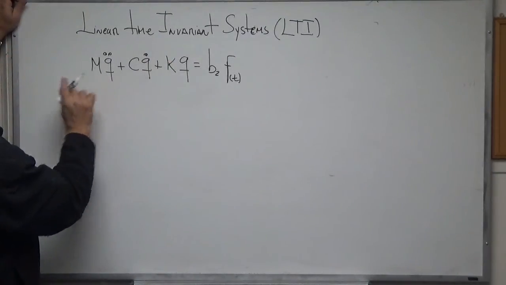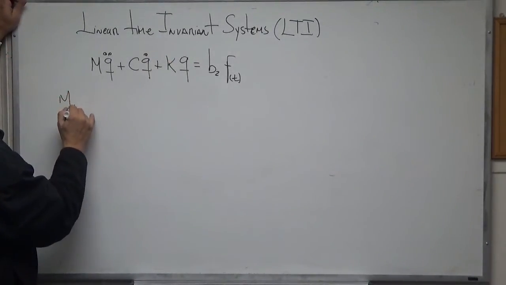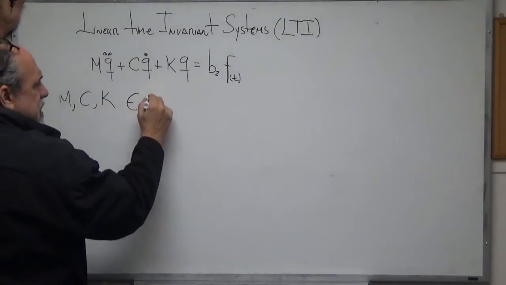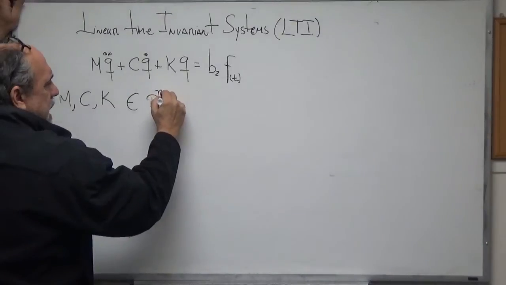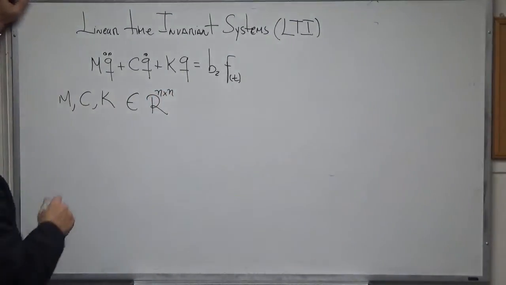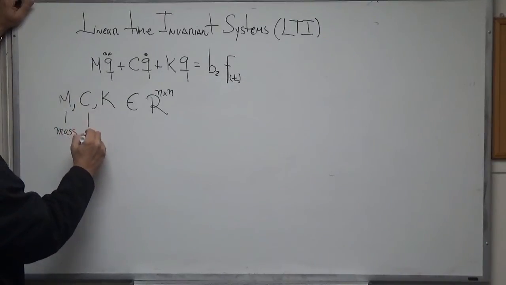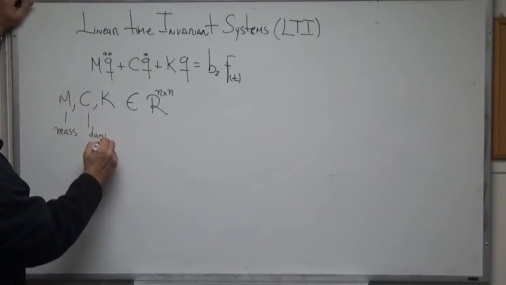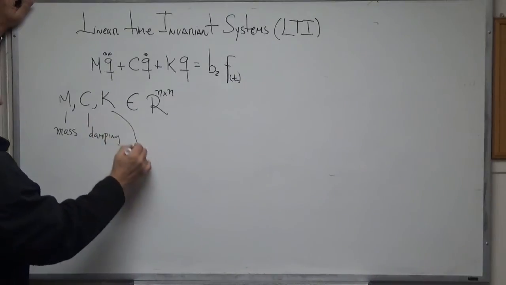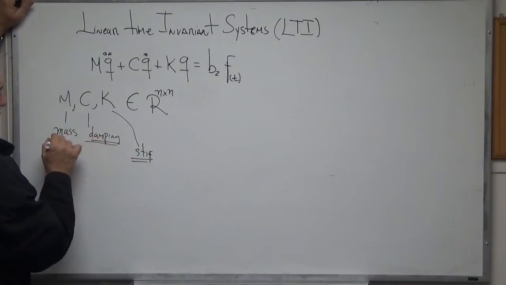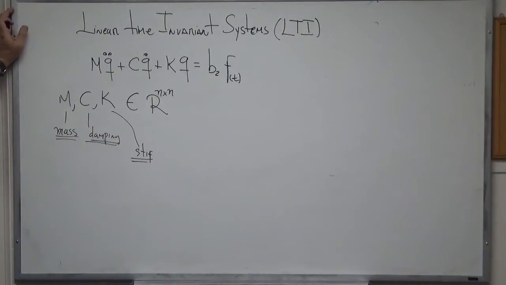Mass M, C, and K are matrices that are n by n, right? This is known as the mass matrix. This is known as the damping matrix. This is known as the stiffness matrix. At this point, even if you know nothing about this, it doesn't really matter, right?